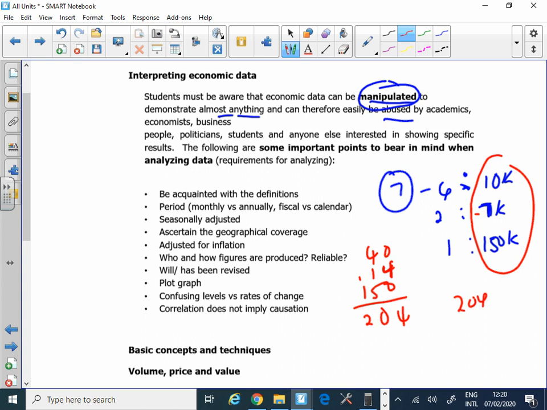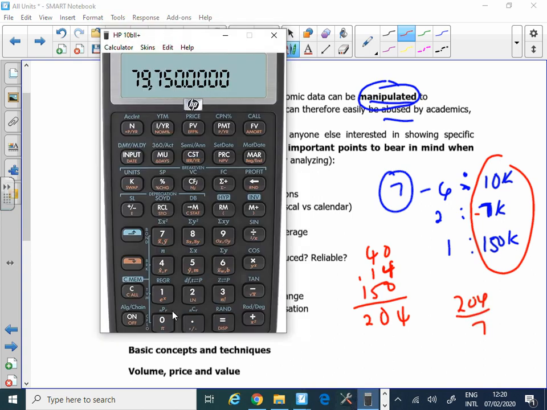Then I can go on and say 204 divided by 7. On average in this particular company, people are earning 29,000.